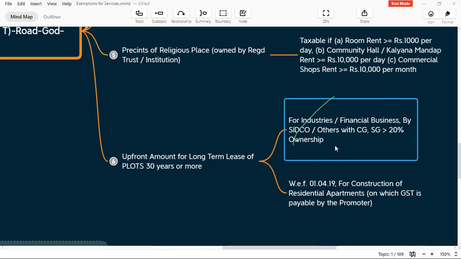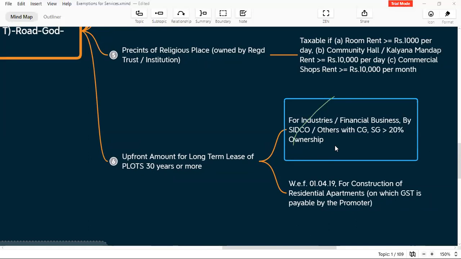So if any government undertaking has given long-term lease of at least 30 years of land for development of industry, that is being given exemption. In Tamil Nadu, it is like Sriperumbudur and Vallam Vadagal. There are a lot of places which is owned by government. They are given to private parties on lease basis to develop their properties. So in all these cases, like Sri City, Andhra Pradesh, you can see so many places where they give on long-term lease.